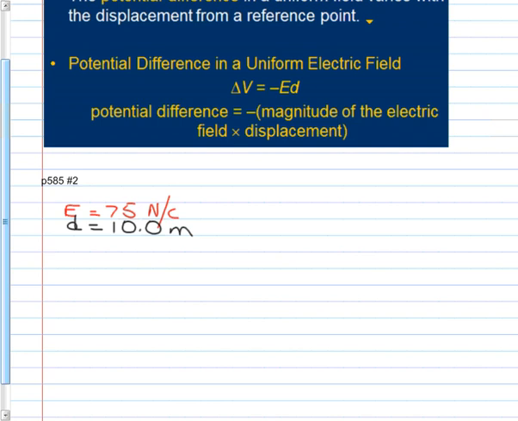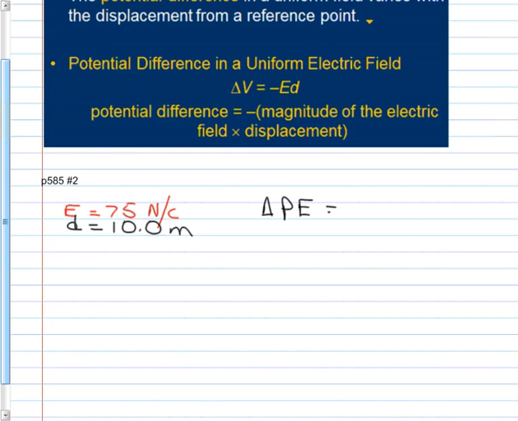Its electric potential energy decreases. So that's going to be our change in, they say electric potential energy. Oh, they said energy. That's not delta V, that's delta PE.